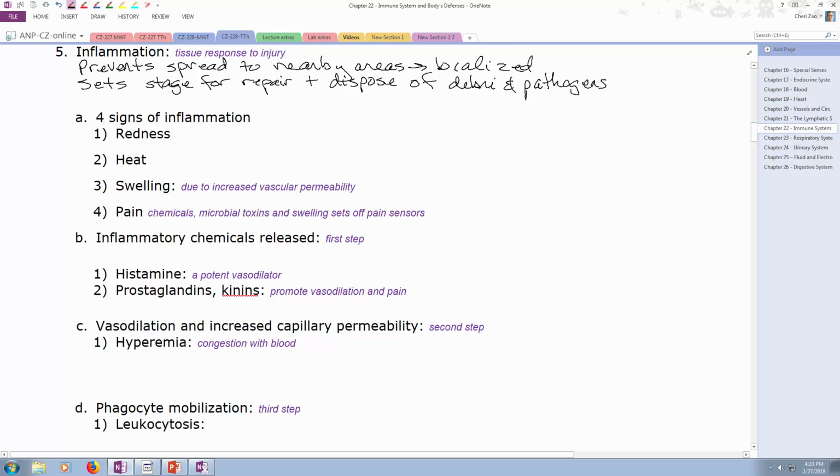Whenever inflammation is present, there's typically 4 things that you will actually feel or experience with that. Redness, heat, swelling, and pain. Those are the typical signs. The reason we have redness and heat is due to increased blood flow to the area.